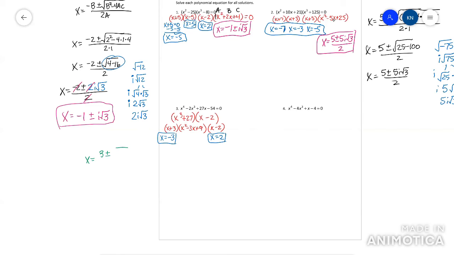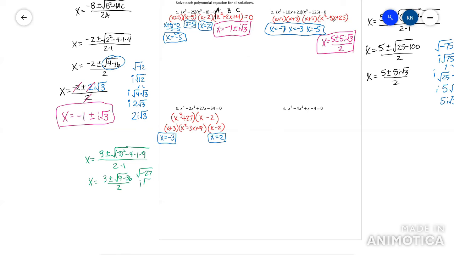3 plus or minus the square root of negative 3 squared minus 4ac, and it's over 2a. All right, simplify this more. You would get 3 plus or minus the square root of 9 minus 36 all over 2. 9 minus 36 is negative 27.